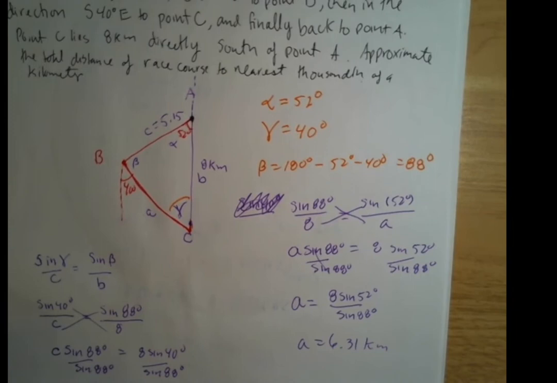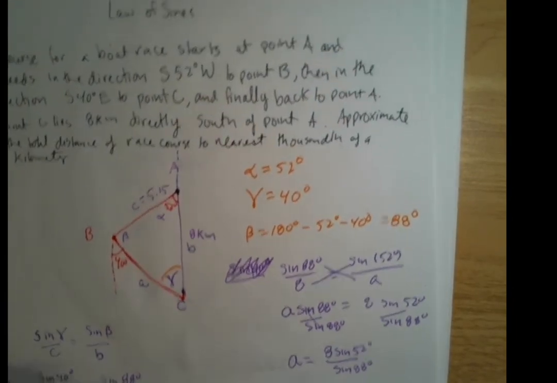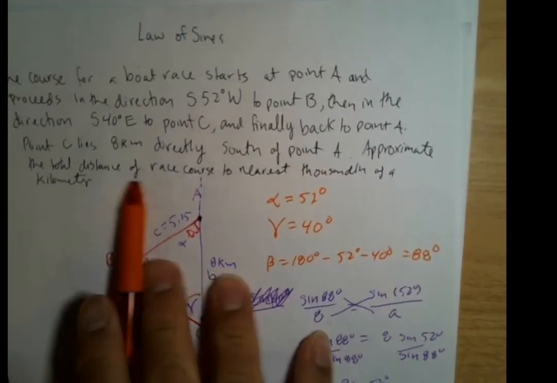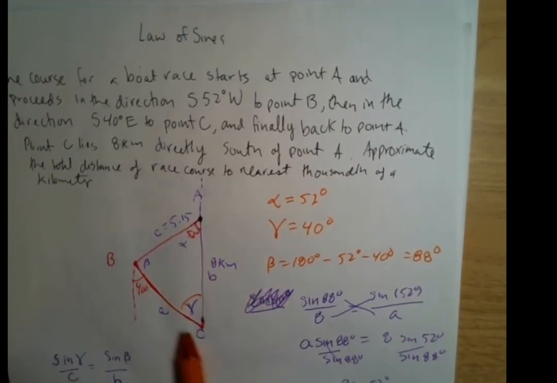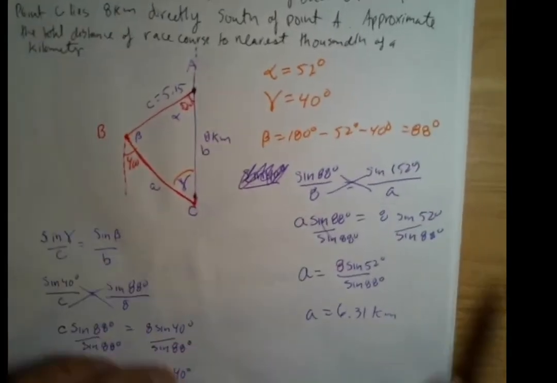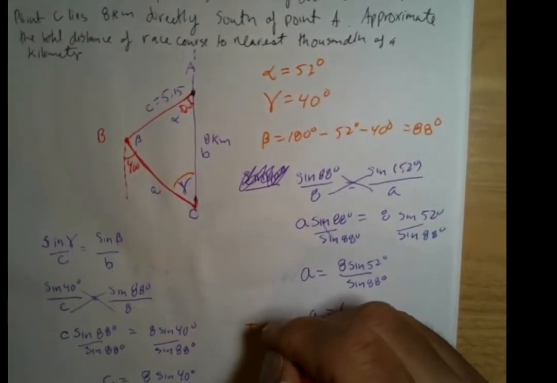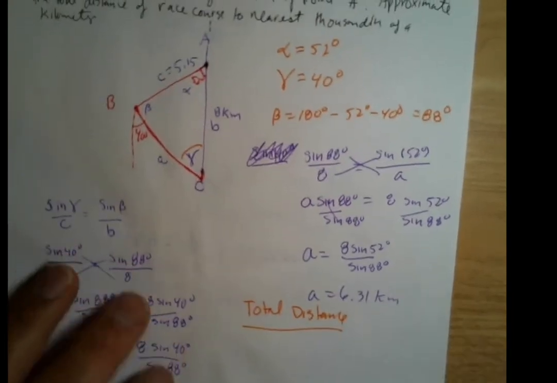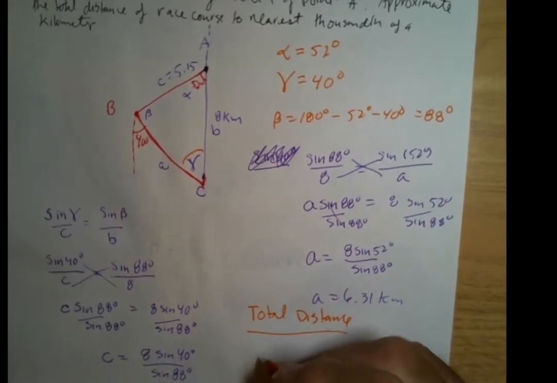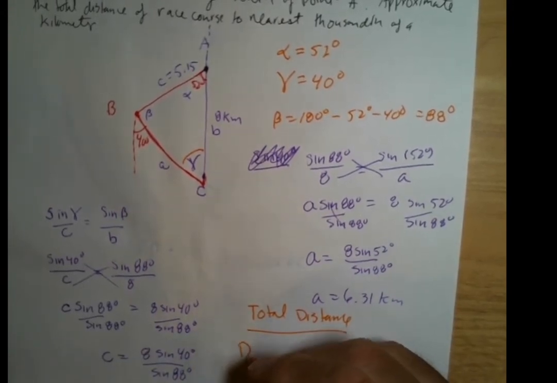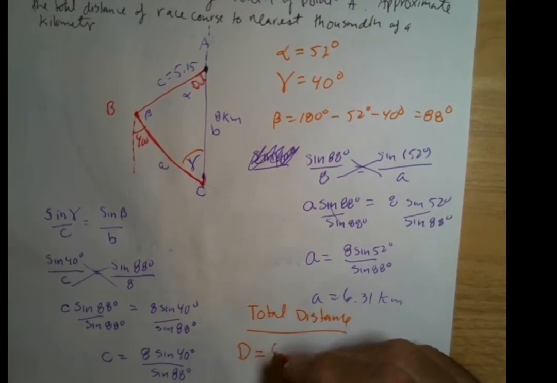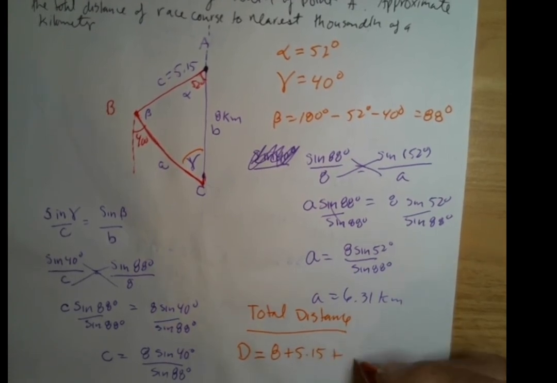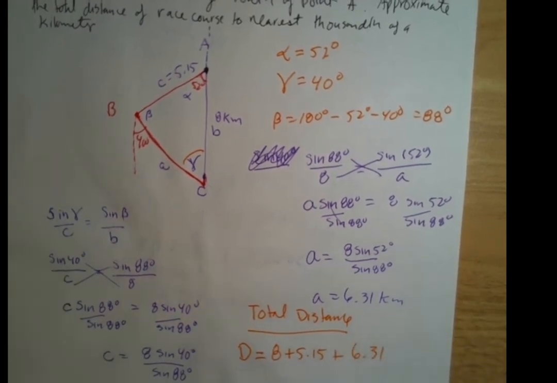Now here, we're not done, right? We weren't asked to solve the triangle. We were asked a very specific question. So always go back and see what was I asked. The total distance of the race. So we have to add up all these sides. We use capital D for distance: the initial 8 kilometers that was given to us, the 5.15 we found, and the 6.31.